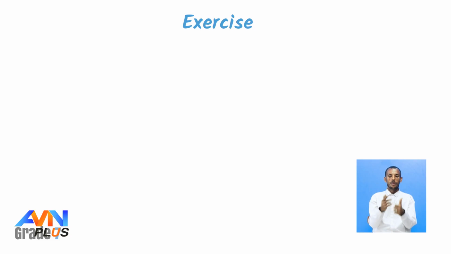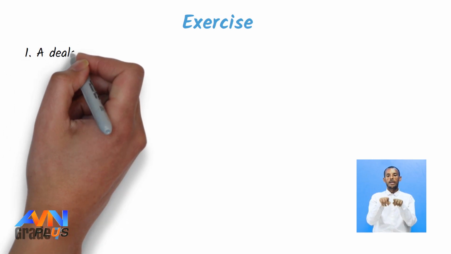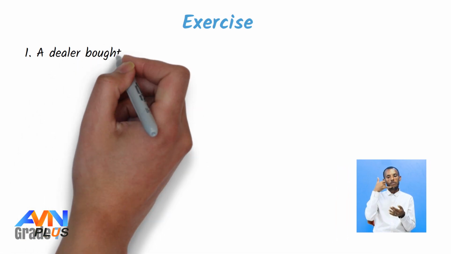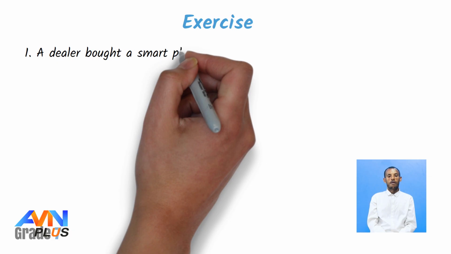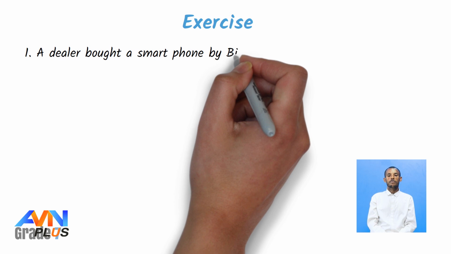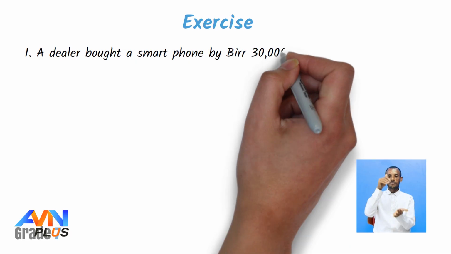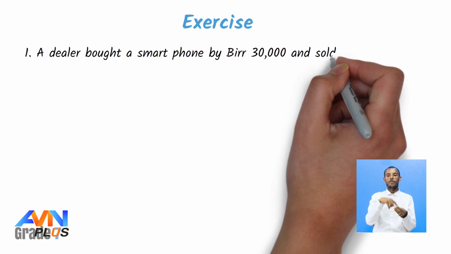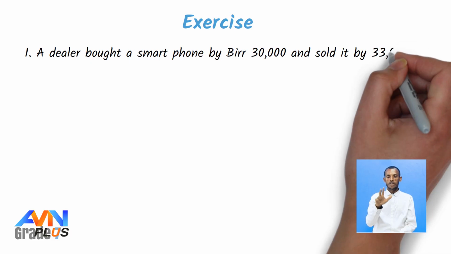One, a dealer bought a smartphone for 30,000 birr and sold it for 33,000.